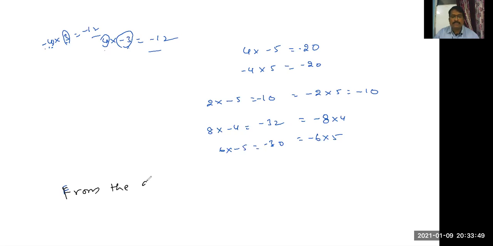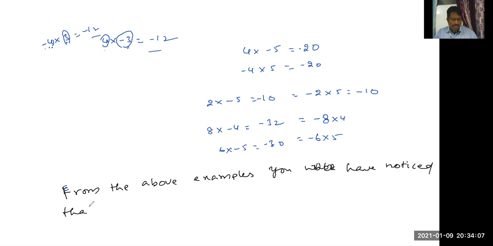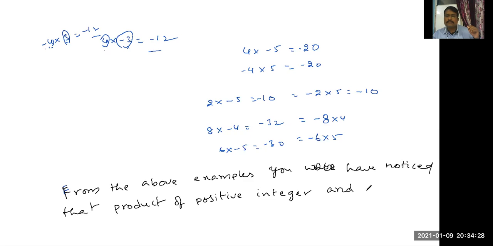So from the above examples, you would have noticed that the product of a positive integer and a negative integer is always what?